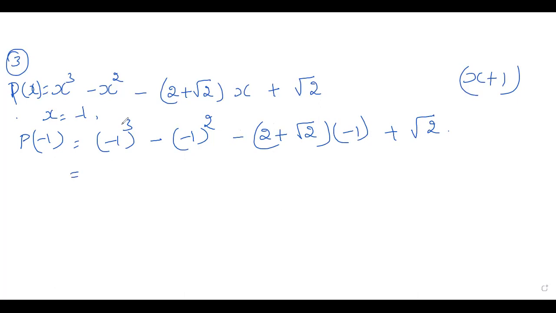So (-1) whole cube is nothing but -1, and minus (-1) square is +1. So here we have a minus sign, and a minus sign here. I have used the bracket here.